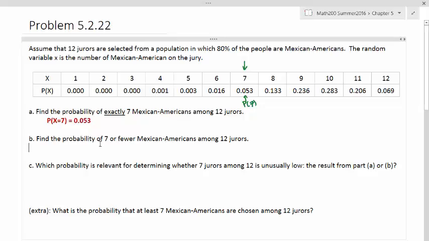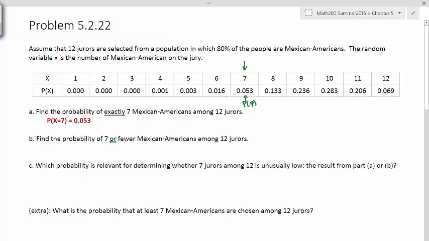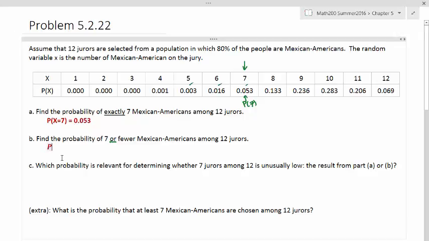Now in this next problem, it says find the probability of 7 or fewer Mexican Americans among 12 jurors. So now there's an or here. We want the probability that there's 7 jurors or 6 jurors or 5 jurors, all the way down to 1 juror that's Mexican American. So we can write it as the probability that X is less than or equal to 7.